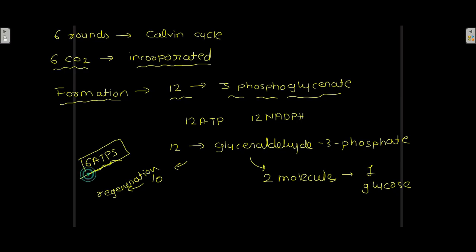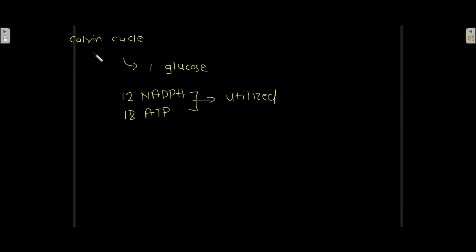So 6 ATP here, 12 ATP here, and 12 NADPH here. So in the Calvin cycle, the production of one glucose molecule requires the utilization of 12 NADPH and 18 ATP. The cost of producing one glucose is 12 NADPH and 18 ATP in the Calvin cycle.